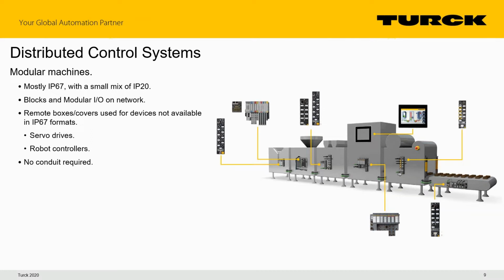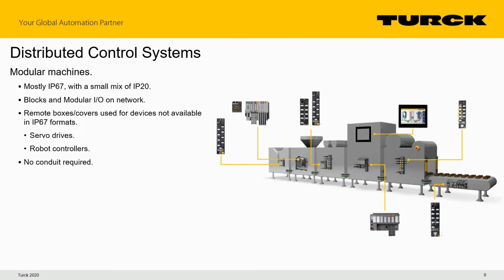And this can be taken to the extreme where we have a customer who builds a machine, not like this, but the same concept. Each of the 7 sections, there are 7 pieces that make up their machine, is built in a separate facility. They don't come together to be tested until they get to the customer's facility.